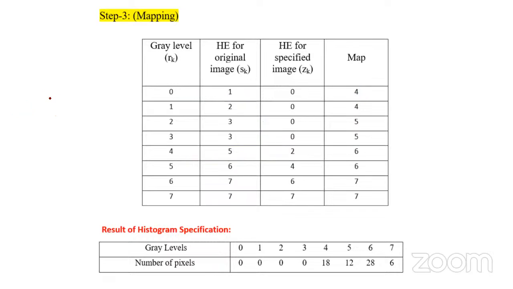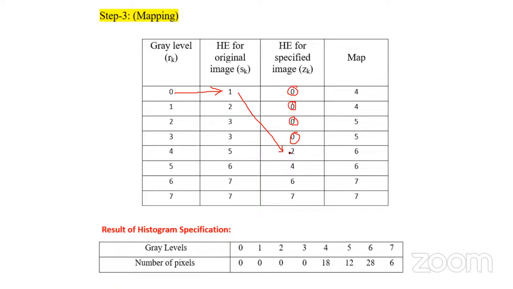Once again, I'll tell you. Here first is the 0 to 1 mapping in the histogram equalization of the original image. Next, we look for whether 1 is available in the histogram equalization for the target image. If not, we take the next value. So here 0 we need not consider, and the same for the others, but 2 we can consider. 2 is greater than or equal to 1, and since 1 is not available, we consider 2.